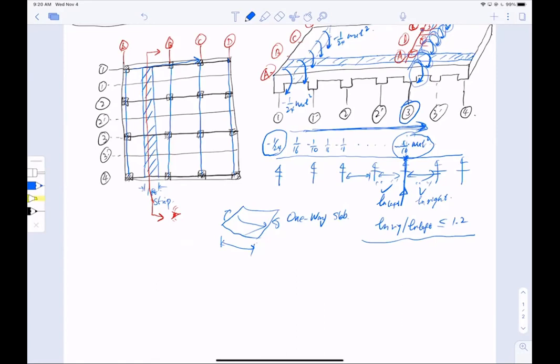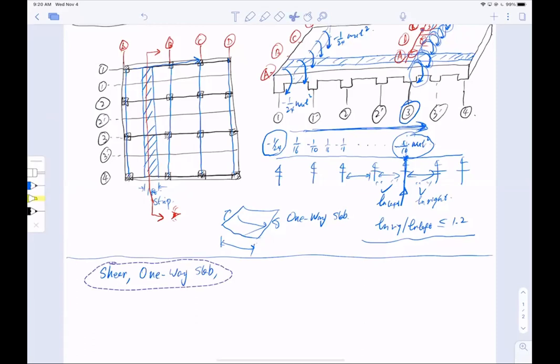So the exam is going to cover, think about what we learned so far, shear. The whole thing, the shear design and everything, the one-way slab. And actually before the shear and one-way slab, there's the irregular section.